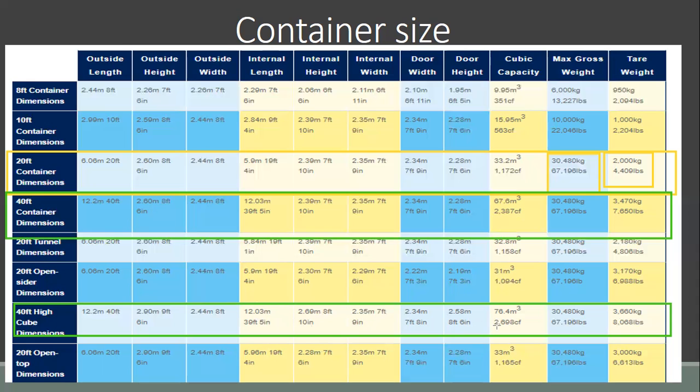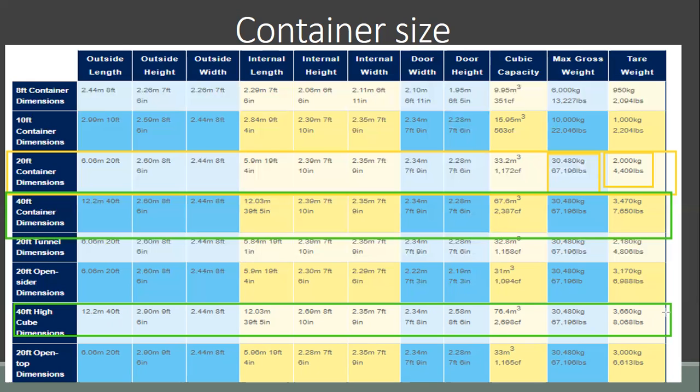Door height is 8, and finally cubic is 76. Maximum gross weight that can be loaded in this container is 30 metric ton, and the tare weight, meaning the empty container weight, is 3.66 metric ton.